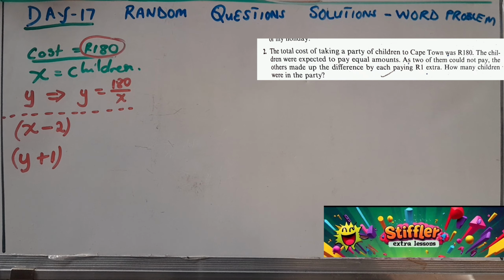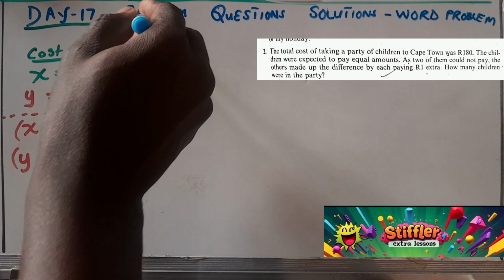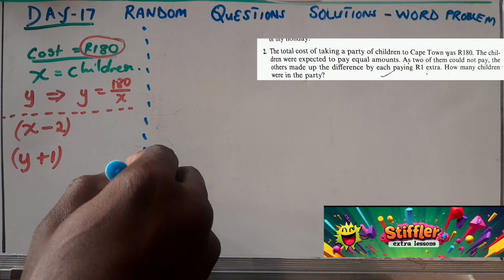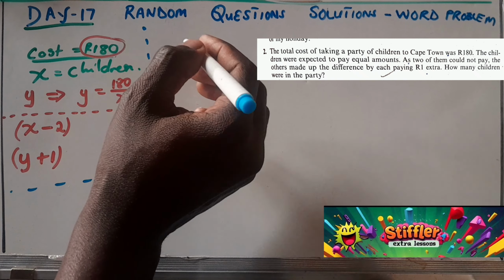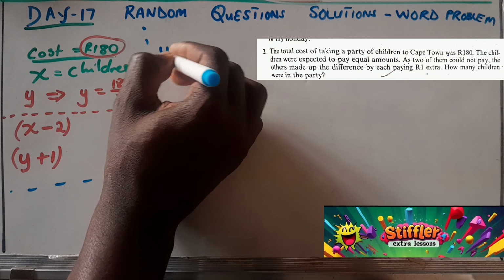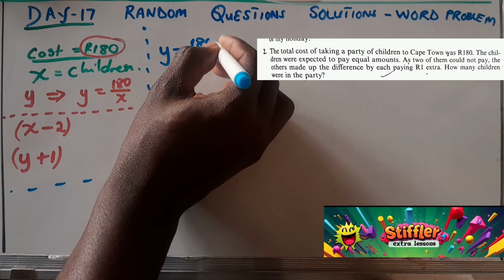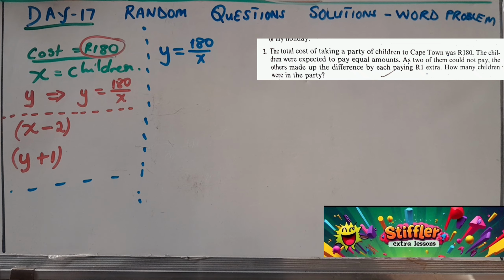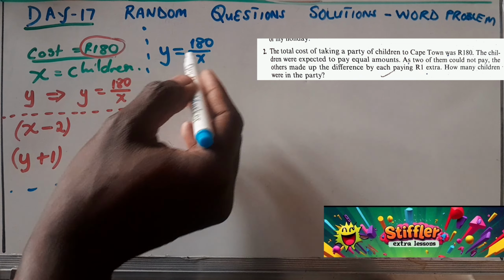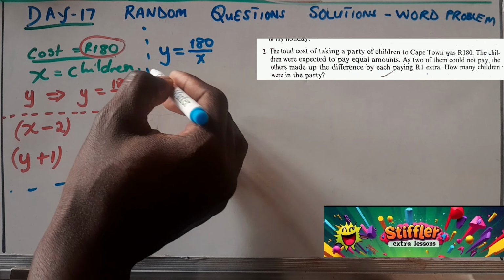So if we want to calculate how many children were in the party and how much they paid each, we can introduce this situation now. At first we have 180 over x, which is the cost per child if all were paying.